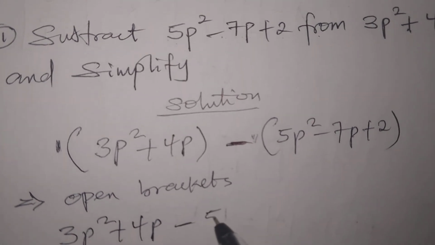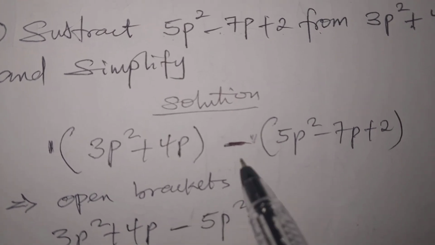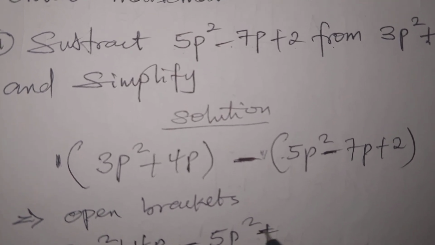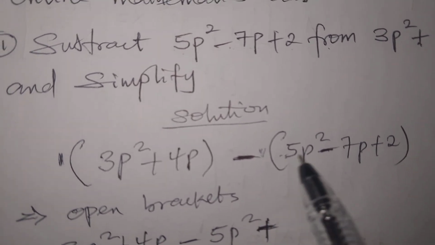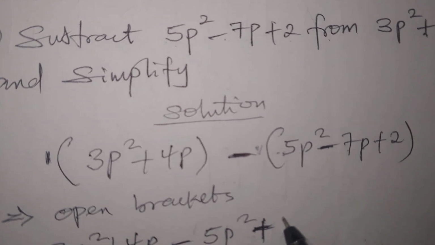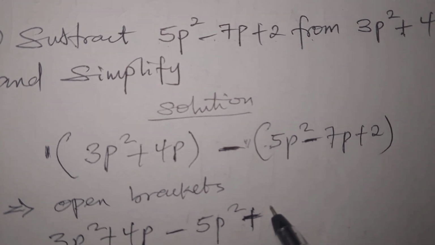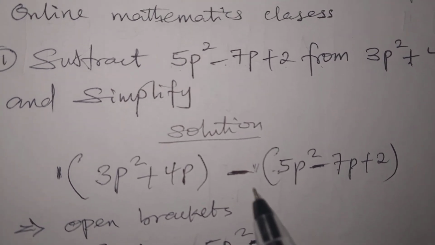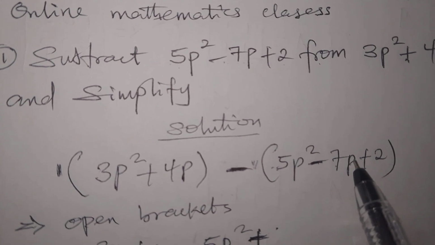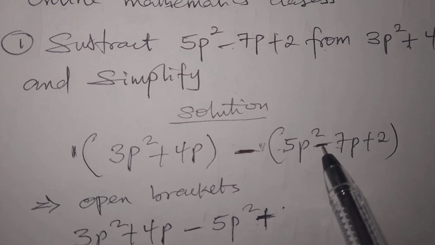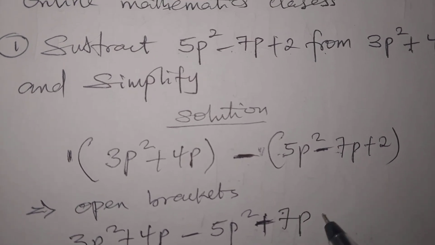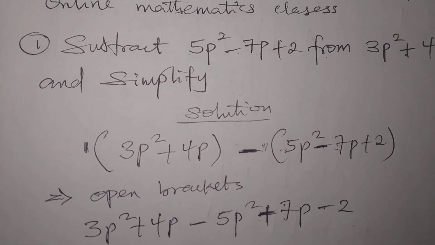So I'll have minus 5p squared, and minus times minus is plus, so plus 7p. Sorry, it is not 5 times 7; the minus times minus 7p gives plus 7p, and minus times plus gives minus 2. I believe it is clear.